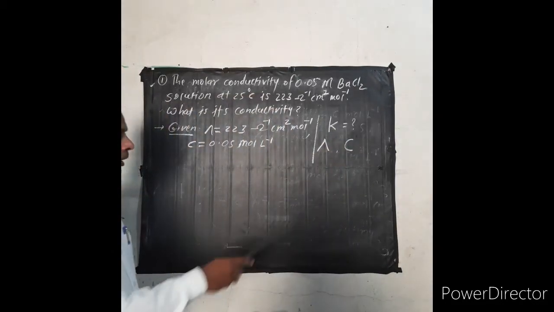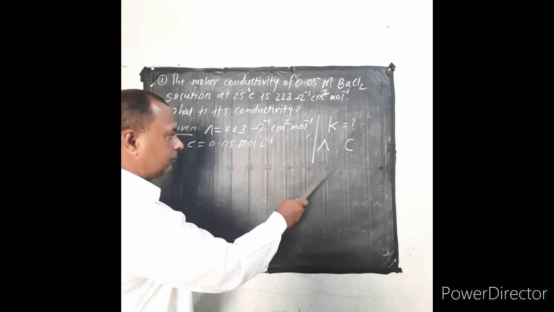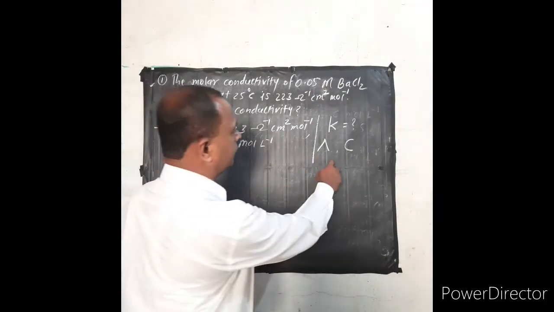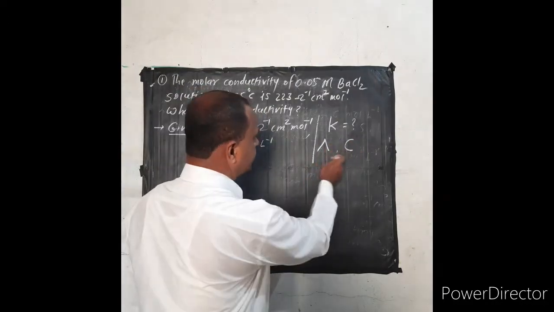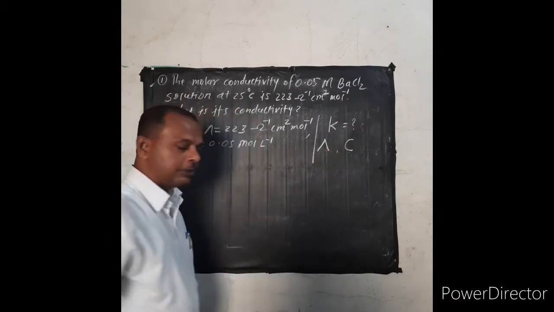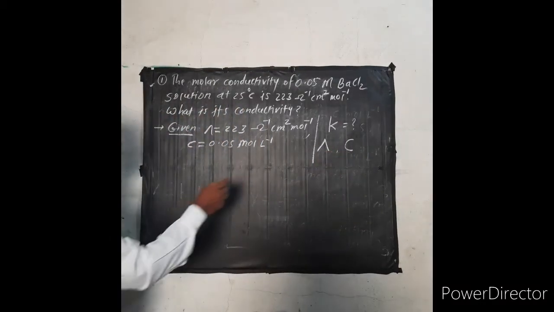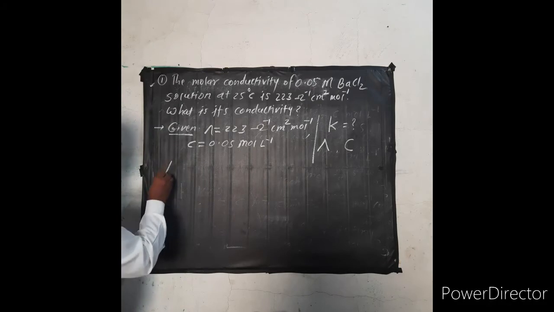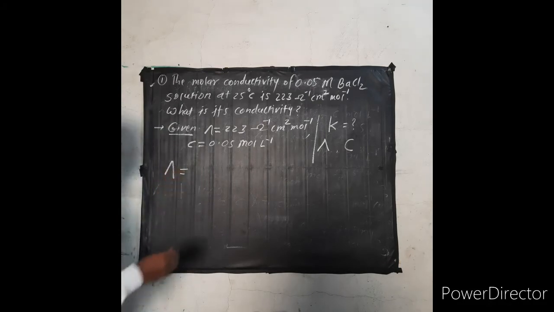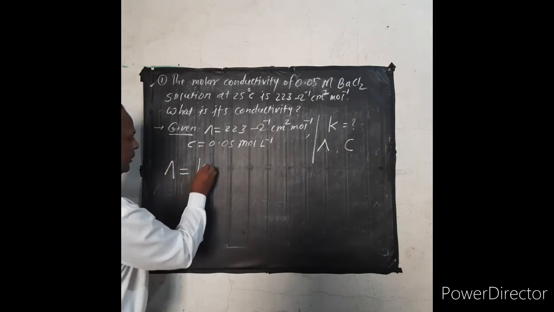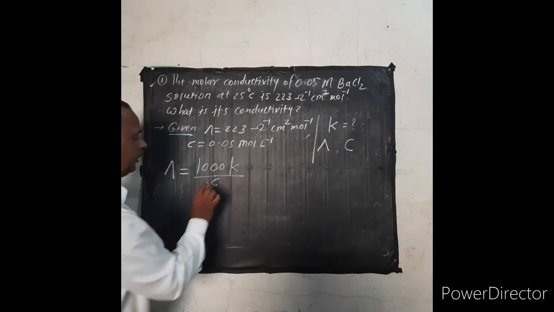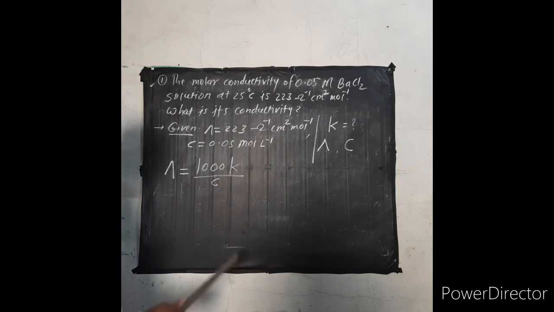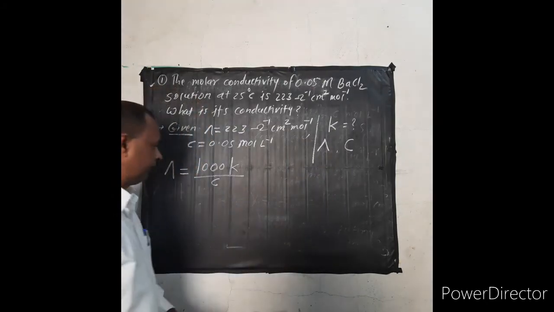The relationship between these three terms is that the molar conductivity lambda is equal to 1000 K upon C.